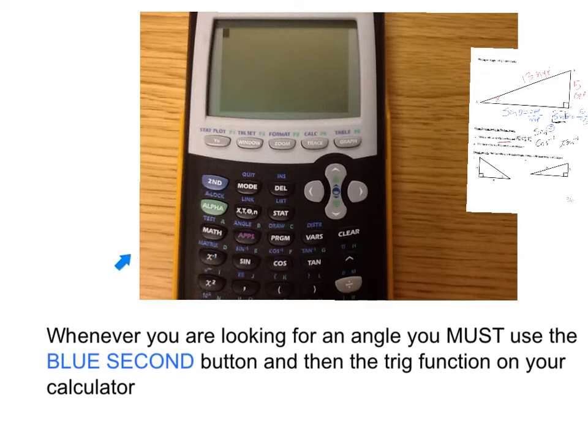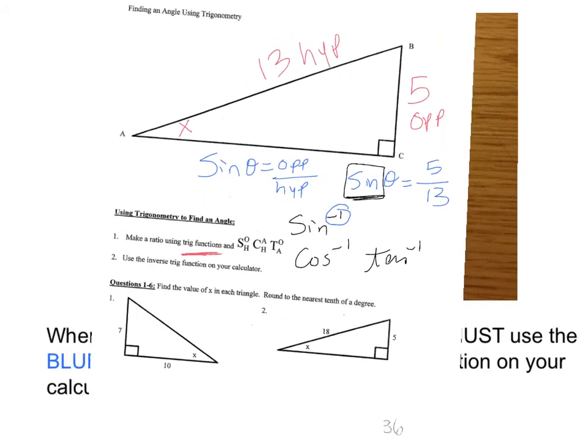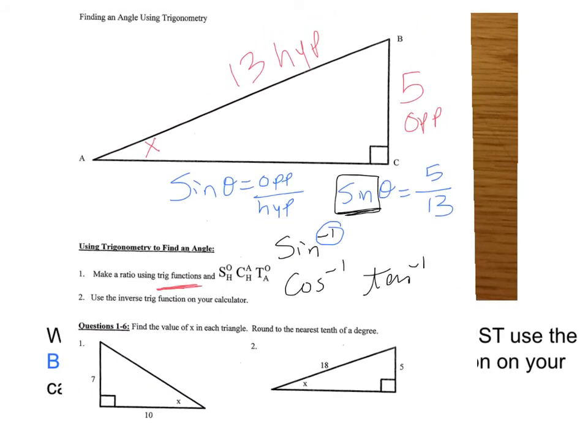In order to get to that button, we need to press the second button first. This is important, so write this down please. Whenever you are looking for an angle, you must use the blue second button and then the trig function on your calculator. If you do not do that, you will actually be taking the sine, cosine, or tangent. You won't be finding the actual angle. So back to here. In your calculator, you're going to press second sine and 5 divided by 13.